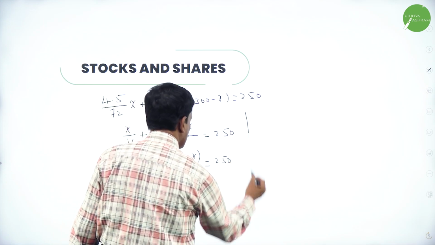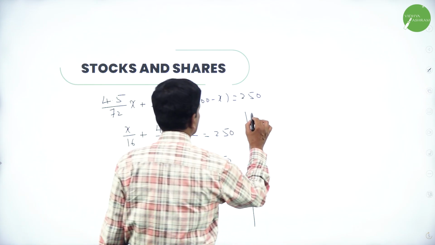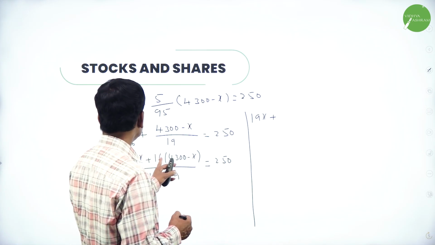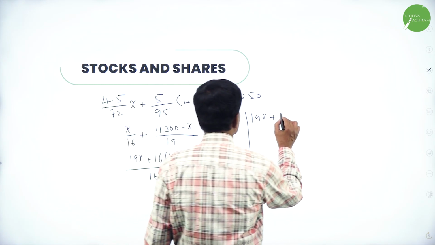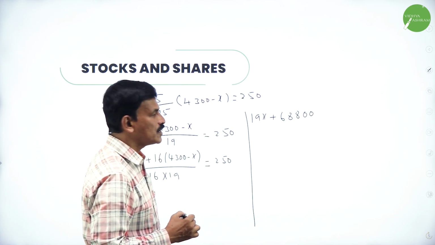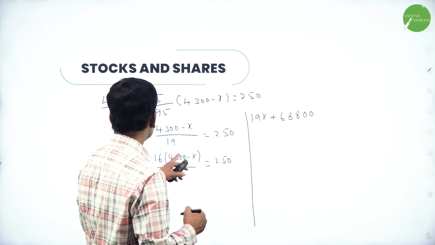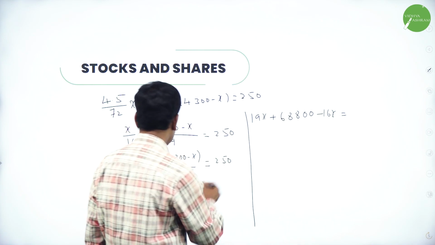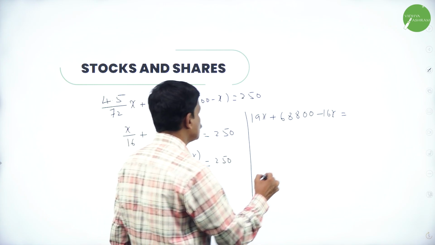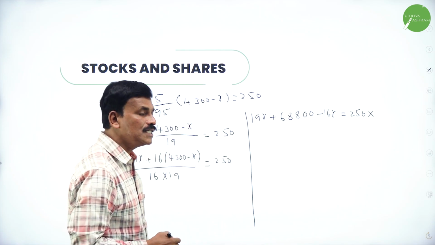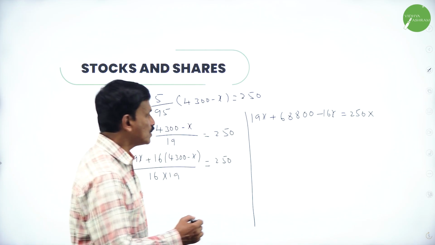Now this can be written as 19x plus, if you multiply 4300 into 16, you will get 68,800, again minus 16 into x is 16x, is equal to, cross multiply, 250 into 19 into 16, that is 304.